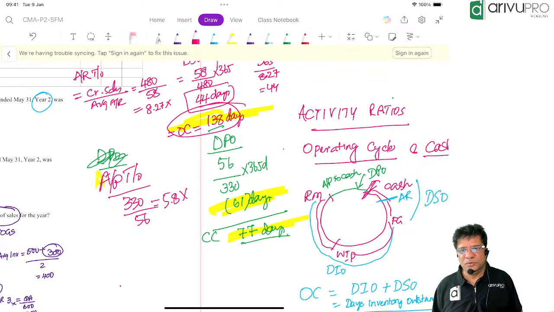Working capital motto: collect early, comma, pay later, comma, invest excess cash in marketable securities.